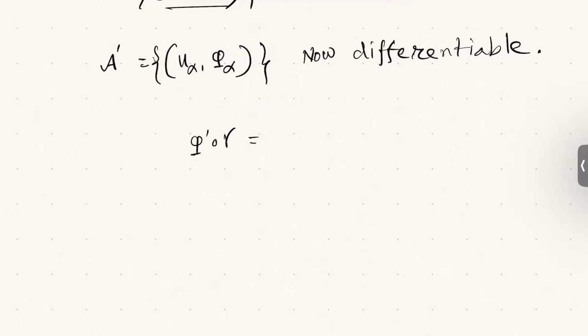Now, this phi prime after gamma, I can write again as phi prime, phi inverse, phi of gamma.